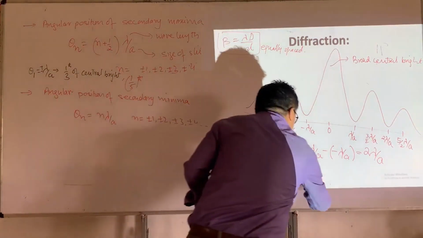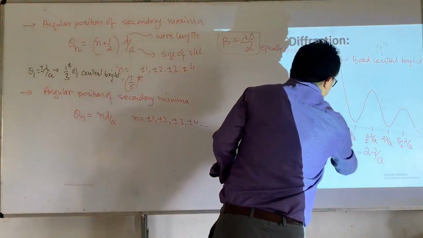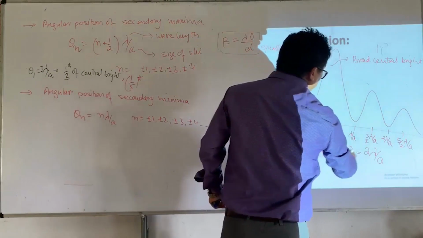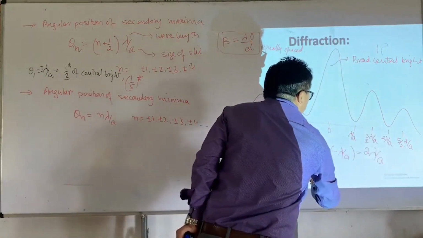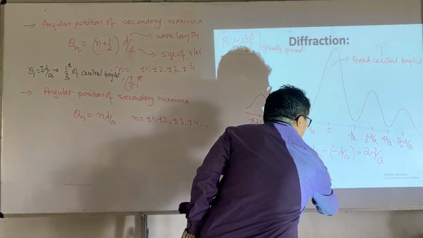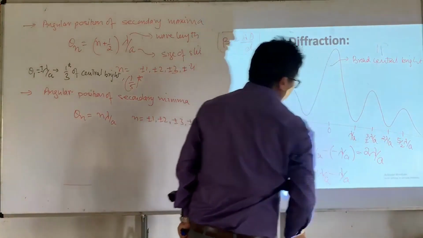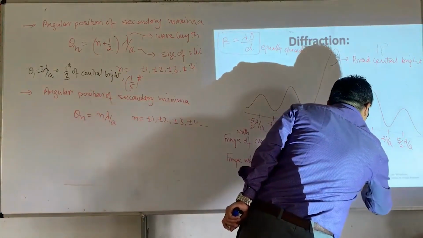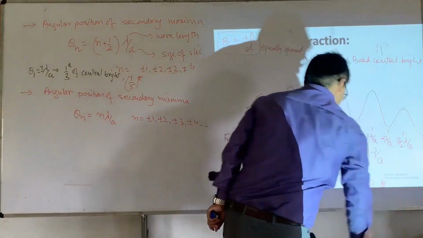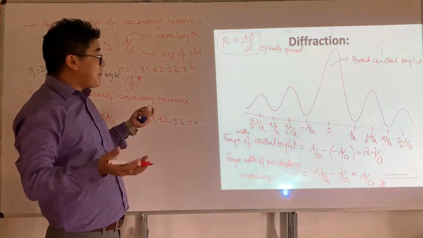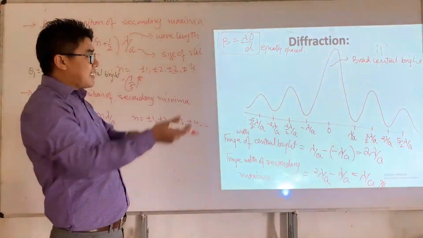Minima, maxima, so this is going to be between these two. Therefore, this is going to be 2 lambda by A minus lambda by A, and this is going to be lambda by A. So therefore the central bright is going to be much bigger, twice of the secondary maxima.